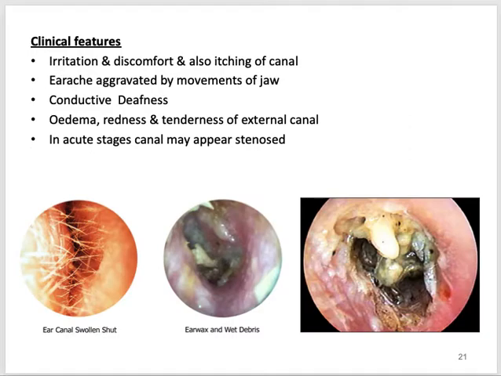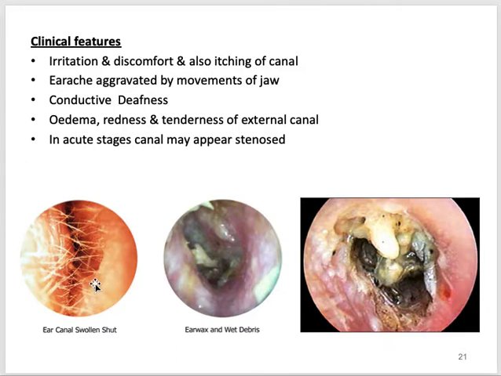So of course, the trauma can be due to scratching, or manipulating your ear with anything. Many people do this thing, for example, after swimming, you are cleaning your ear and you are going to give some trauma. And the organisms which cause this are Staphylococcus aureus or Pseudomonas, most commonly.